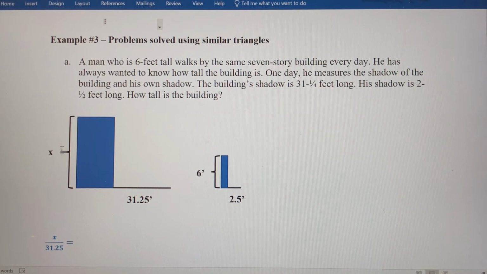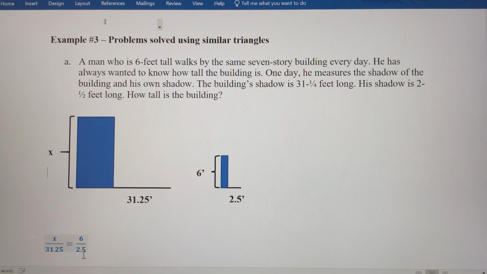So here I did height to length of the shadow, height divided by the length of the shadow, so I have to do that again over here. My ratio here would be 6 to 2.5. So we can say x is to 31.25 as 6 is to 2.5. These two ratios have to be equal. That's how we use similar triangles to solve problems like this.